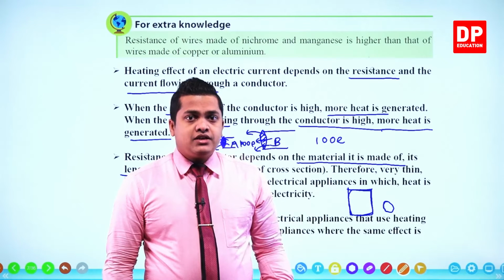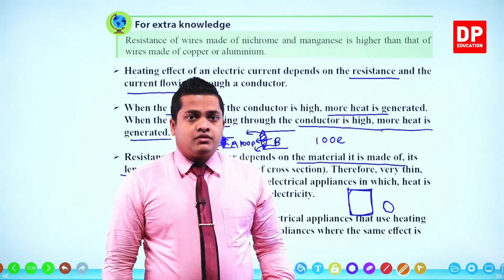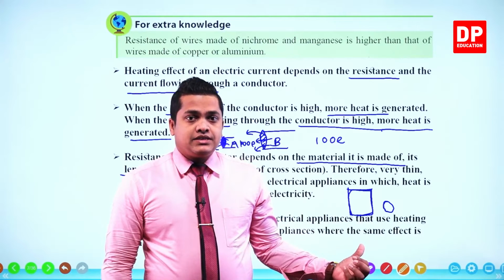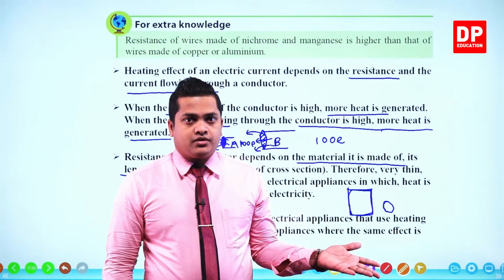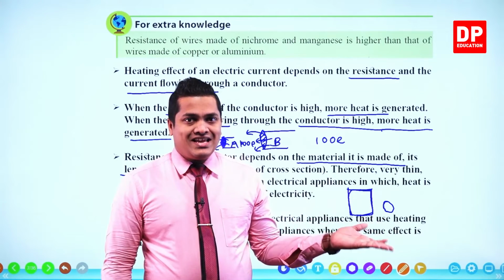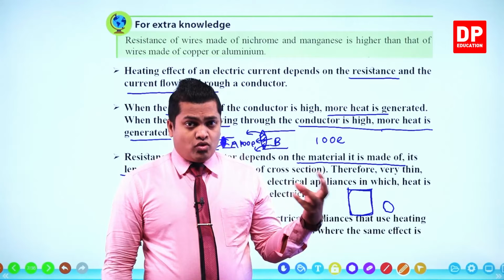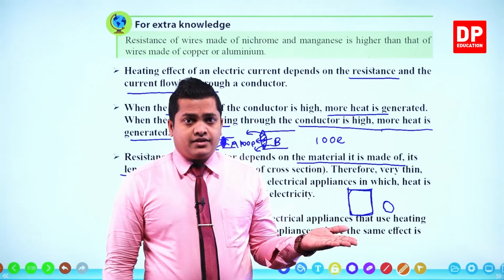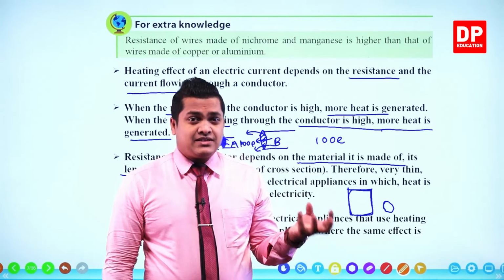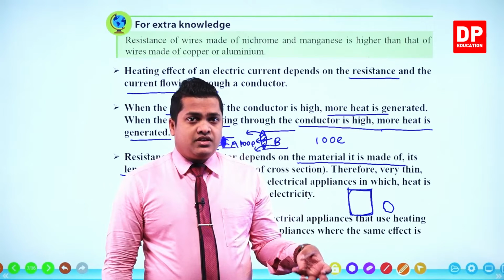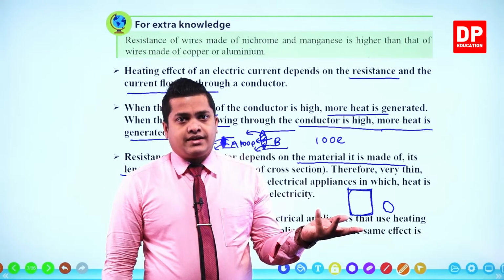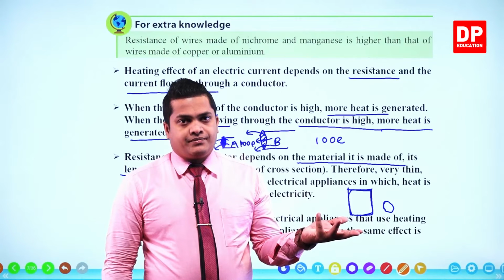We need light energy, no? So light energy is generated as a secondary energy conversion. More than 50% of the electrical energy given to the filament bulb is getting wasted as heat. We can't utilize that heat energy.